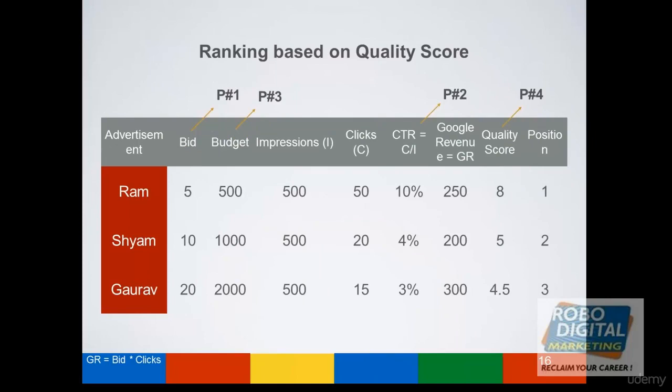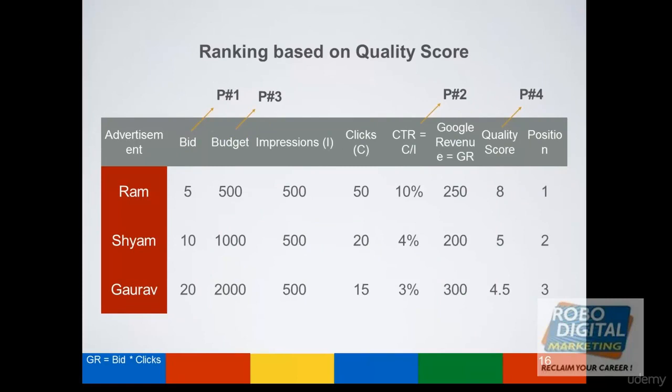Now if you look at the third case, where there are three persons, Ram, Sham and Gaurav. Ram is bidding 5, Sham is bidding 10 and Gaurav is bidding 20. If we look at the CTR, Ram is getting a CTR of 10, Sham 4 and Gaurav 3. If we look at the revenues, Google's revenue is 250, 200 and 300.